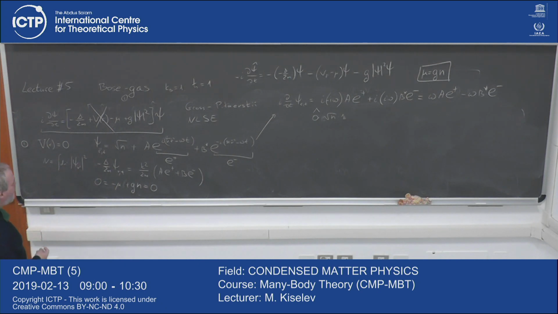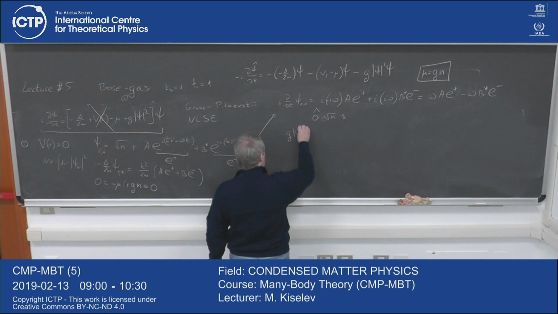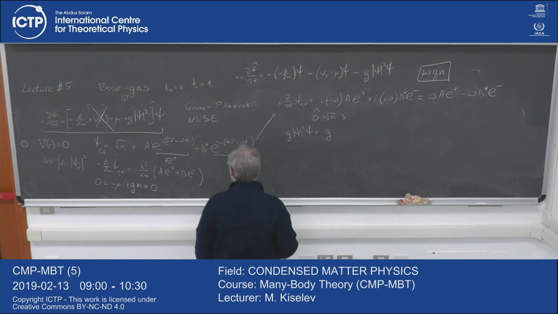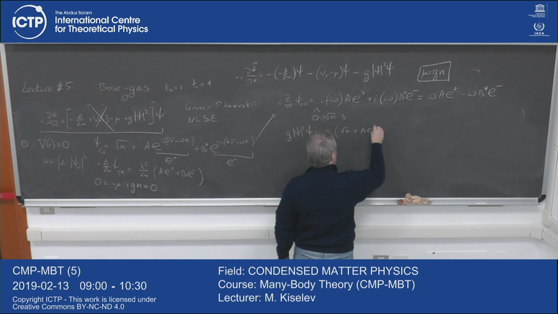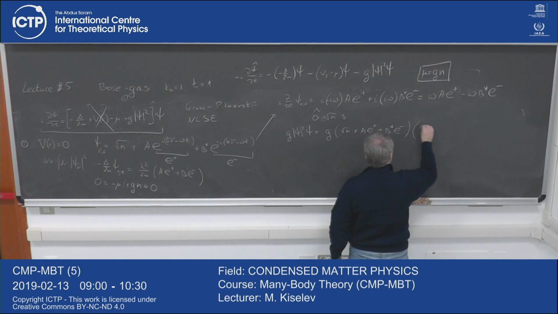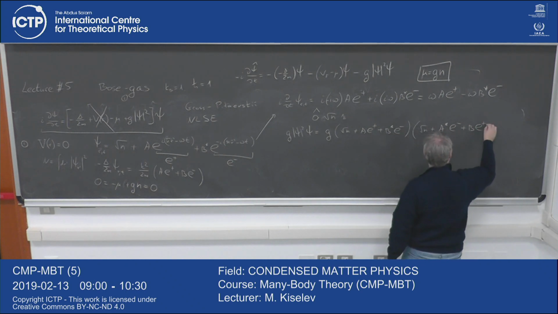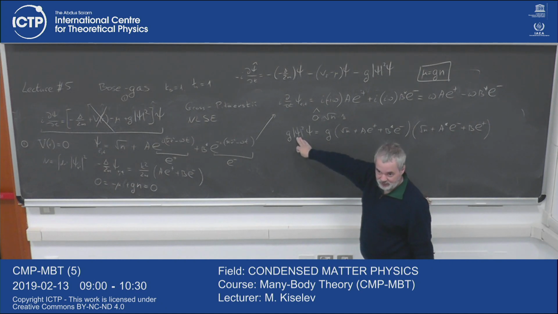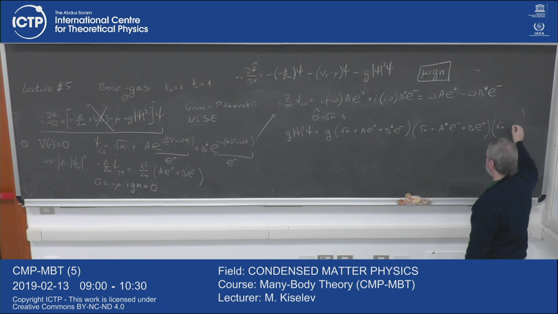Now, let's write down the nonlinear term. So g times psi modulus square psi, this is g times square root of n plus a e plus b star e minus, multiplied by square root of n plus a dagger e minus plus b e plus. This is what psi modulus square is. I multiply psi by psi complex conjugated, and yet another square root of n plus a e plus b star e minus.